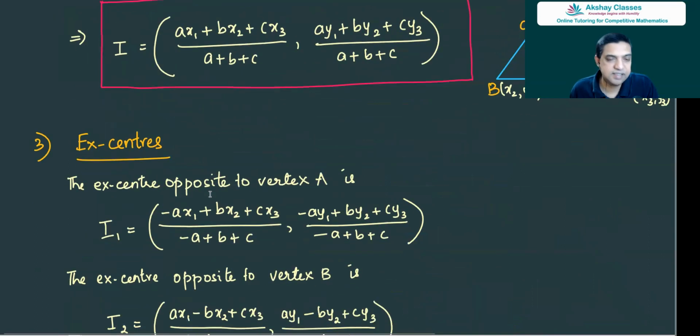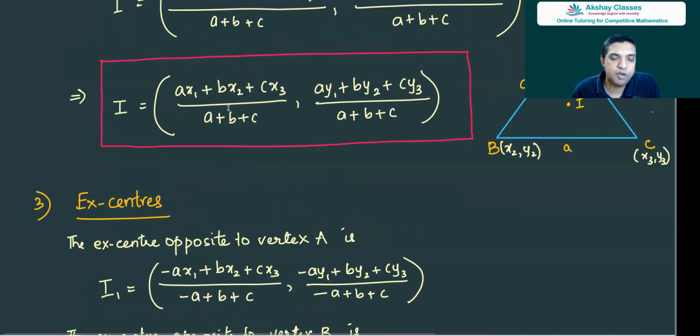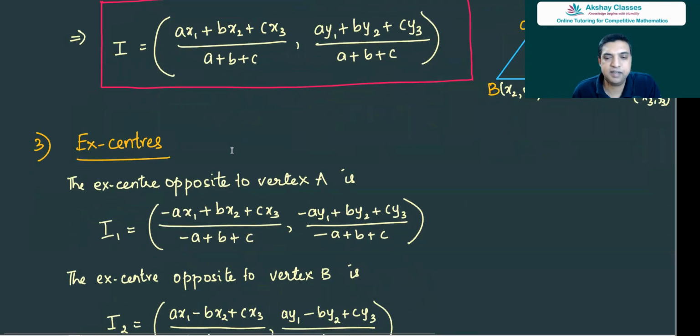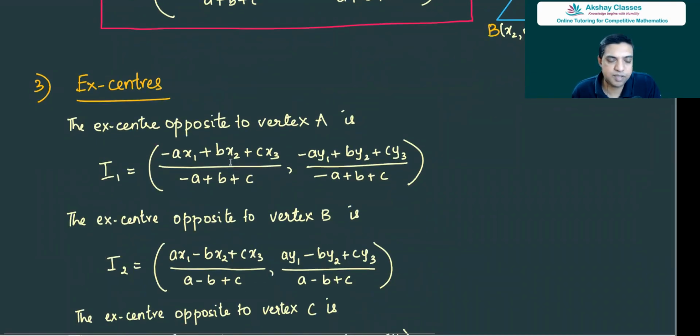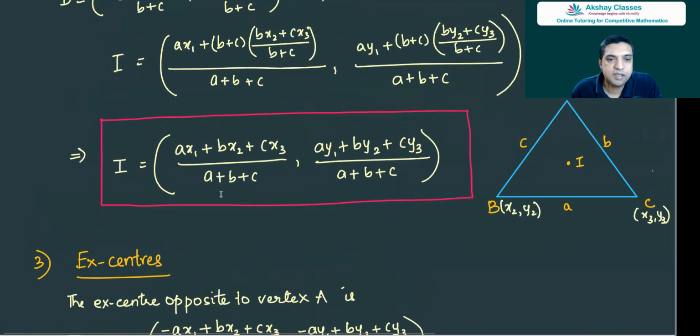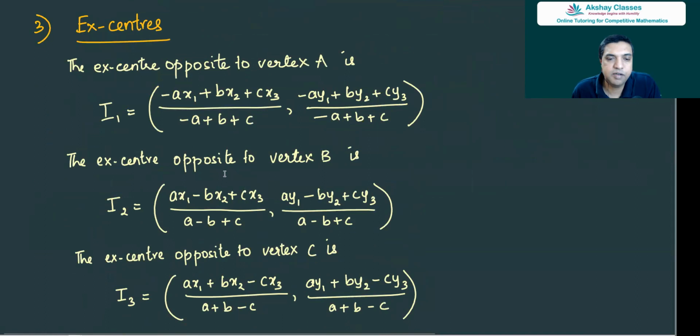The excenters are points of intersection of one internal angle bisector and two external angle bisectors of a triangle. So excenter opposite to vertex A is I1. So replace in the formula of incenter, replace a by minus a, and we get the excenter opposite to vertex A. To get the excenter opposite to vertex B, denoted by I2, replace in the incenter formula, replace small b with minus b.